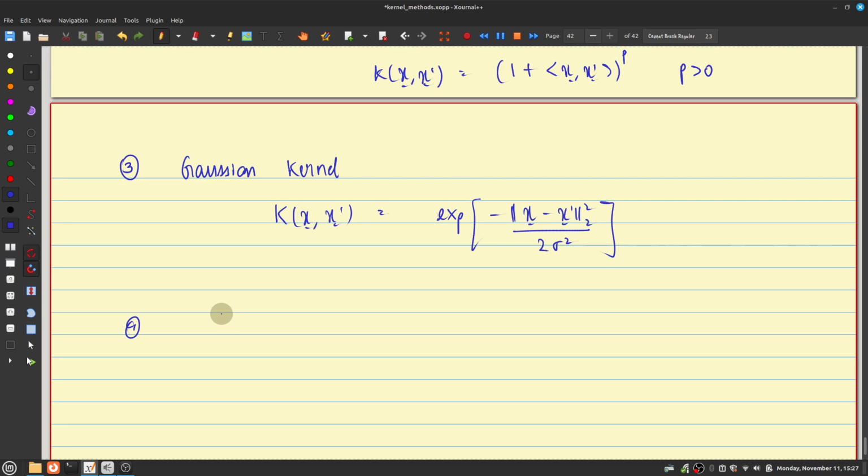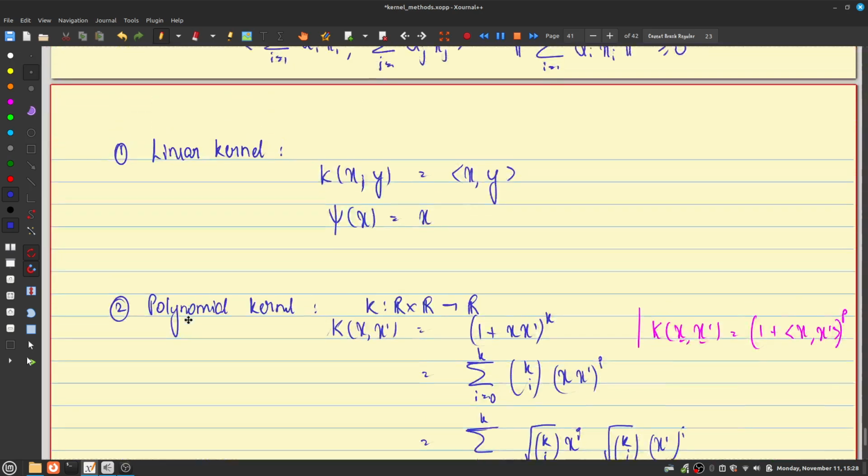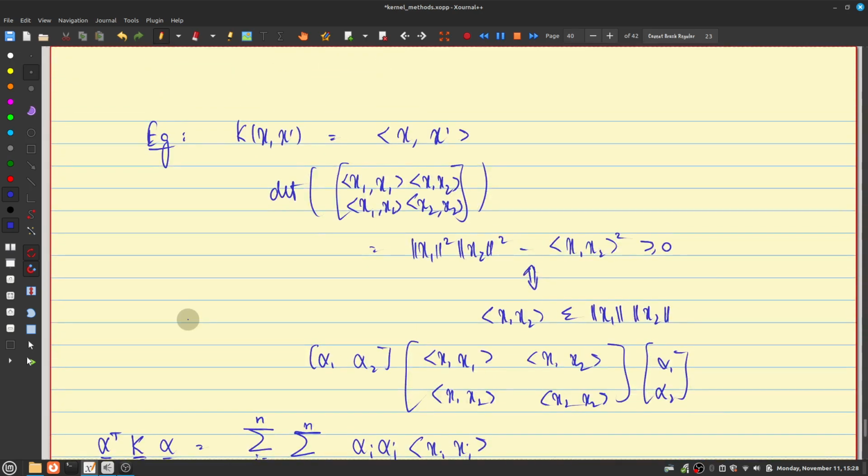All of this is from some R to the d to R to the p. But in general, if you look at the definition of a kernel, the domain doesn't have to be Euclidean. It doesn't have to have any sort of inner product structure.